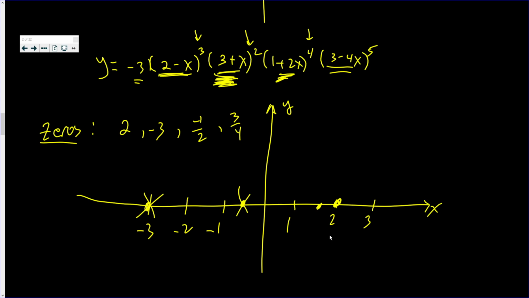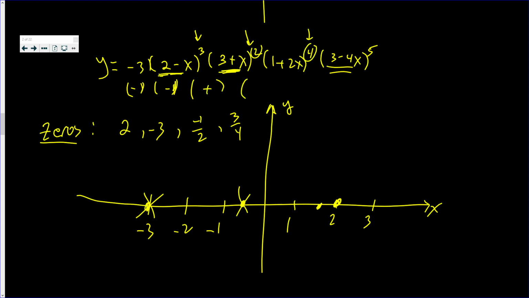Okay. If x is very, very large, -3 is negative. 2 minus a large, large number will be negative. And if you cube it, it'll stay negative. This one, I don't care what the base is going to be when x is large, because once we square it, it's going to be positive.